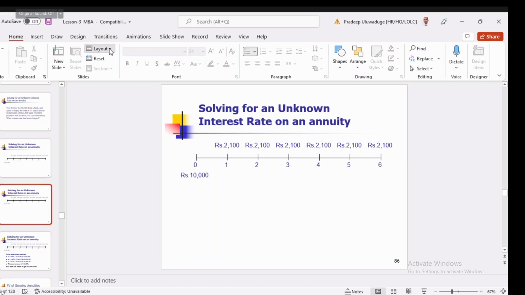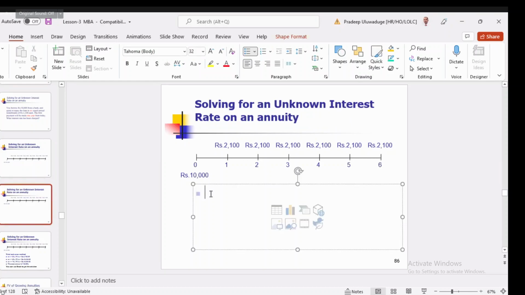Present value equals the cash flow into 1 minus 1 over 1 plus r to the power n, the whole thing divided by r. This is the formula, right?